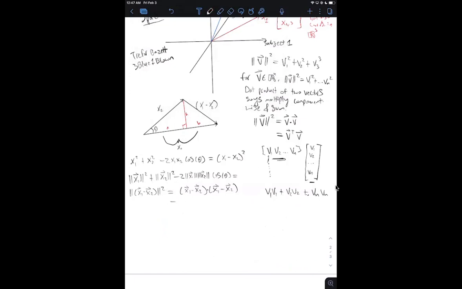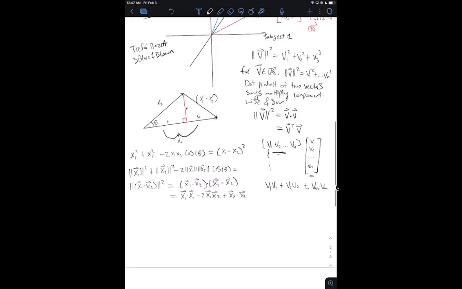So this is equal to x1 dotted with itself, minus 2 x1 dotted with x2, plus x2 dotted with itself.